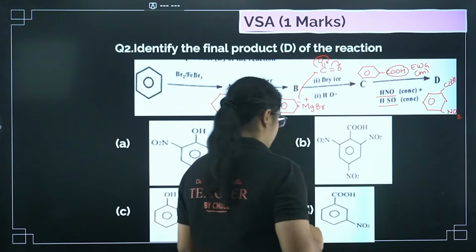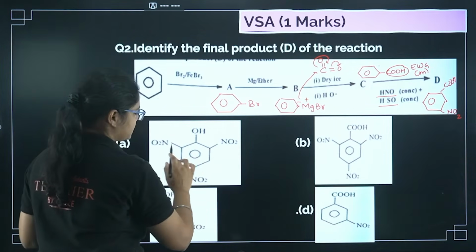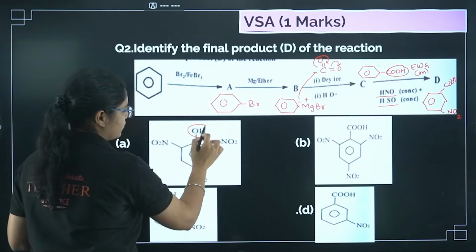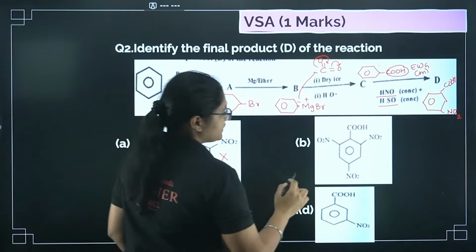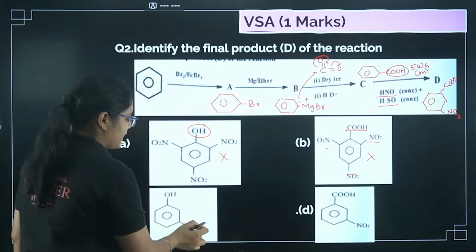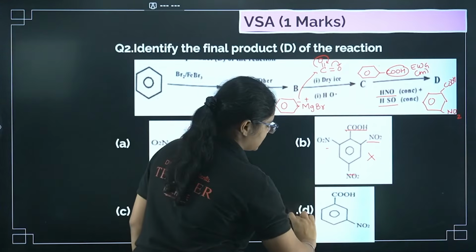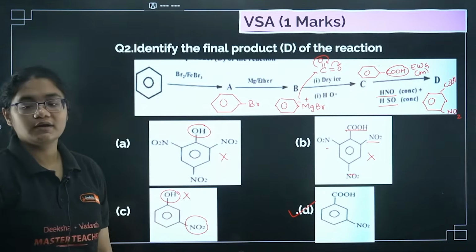You can see which is the meta position. Here there are so many NO2 groups with OH, so this cannot be the answer. Here we have COOH but 3 NO2 groups will not be there. Here we have meta nitration but an OH group is there, that is why this is wrong. This is the correct answer, that is option number D here.